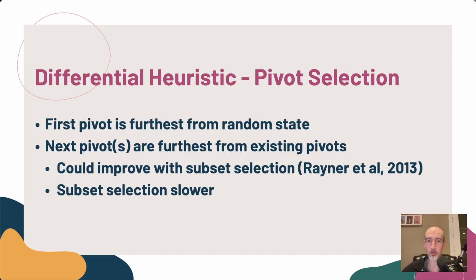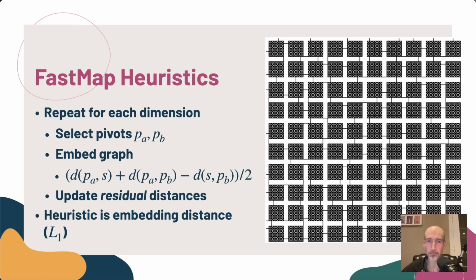One of the best ways to do this that approximates optimality is using subset selection, but this can be quite expensive in practice. We did a lot of experiments to evaluate this and found that not only is it quite slow, you have to do a lot of work to get large improvements. So we're going to use this very simple furthest selection technique in the talk today and in the paper.